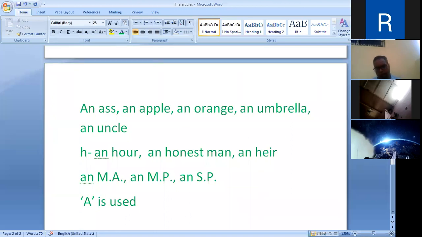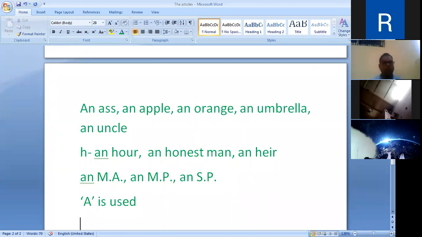A, E, I, O, U are vowels, and B, C, D, F, G, H, K, L, M, N, P, Q, R, S, T, V, W, X, Y, Z are the consonants. A word beginning with such a consonant sound will be placed after a.